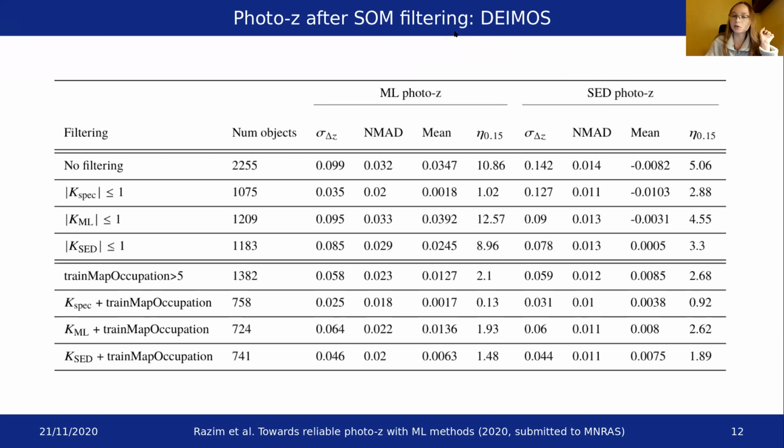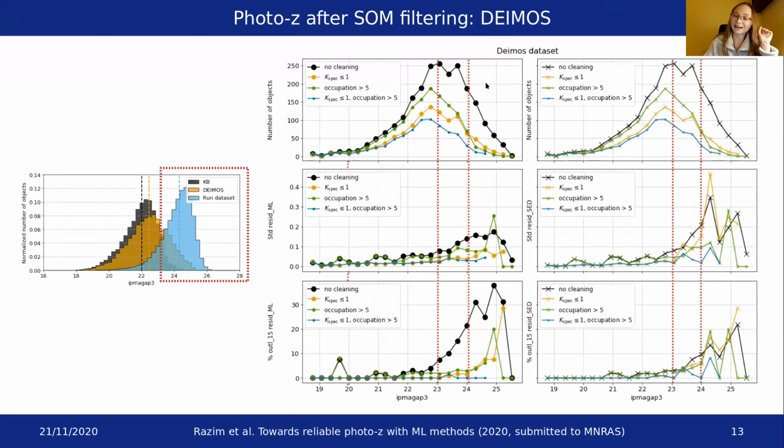For testing this, we used an independent and slightly deeper spec-Z catalog, DEIMOS. And we found out that from around 10% of outliers originally, we got only around 2% of outliers in the end. And we saved around half of the objects that would be cut out by the cutout procedure that is usually adopted in these cases.